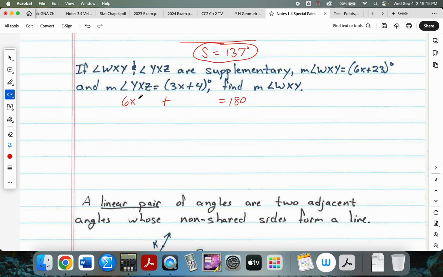So 6x plus 23 plus 3x plus 4 is equal to 180. So it's going to be 9x plus 27 is 180.